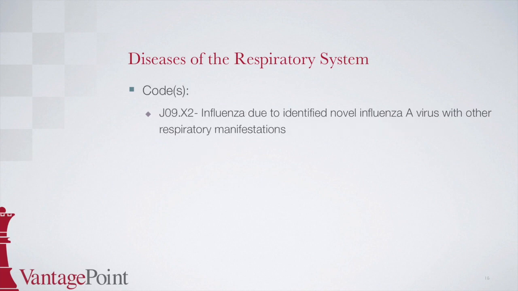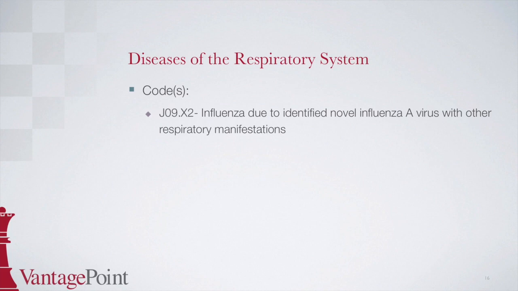The answer is J09.X2, influenza due to identified novel influenza A virus with other respiratory manifestations. To locate this code, start at influenza in the alphabetic index, then locate avian, which has a note next to it which states, see also influenza due to identified novel influenza A virus.